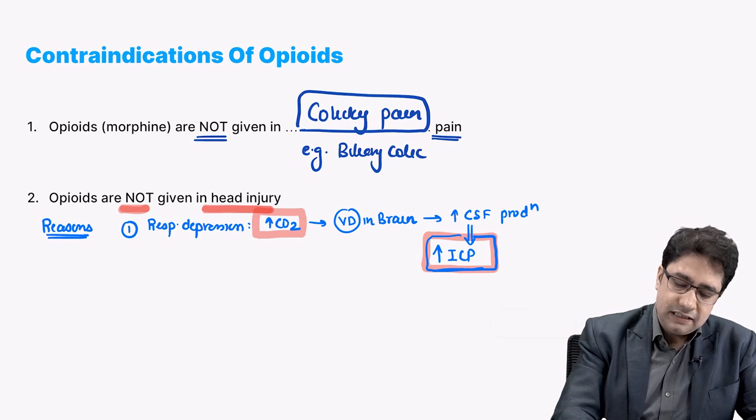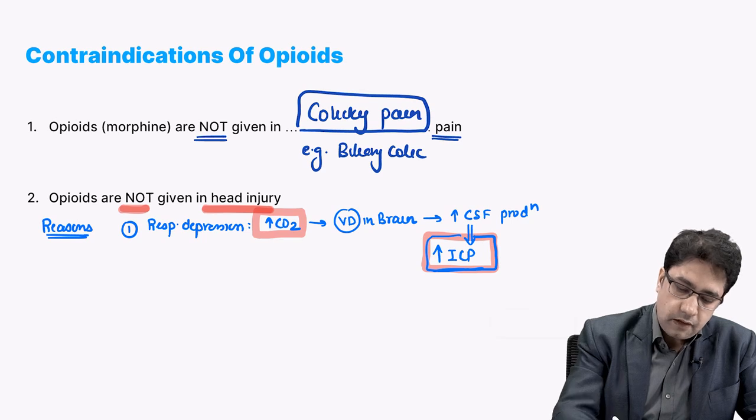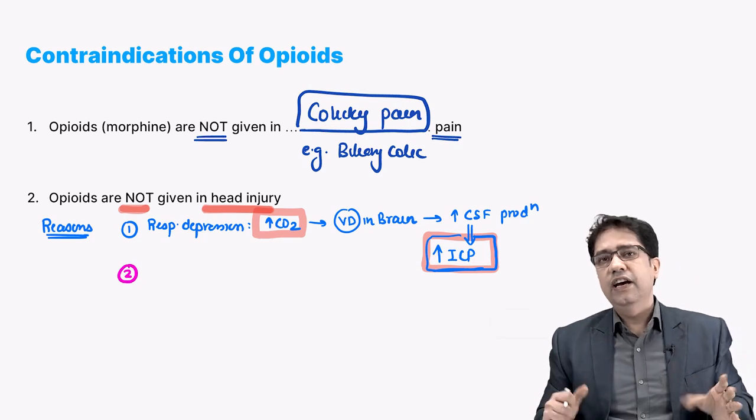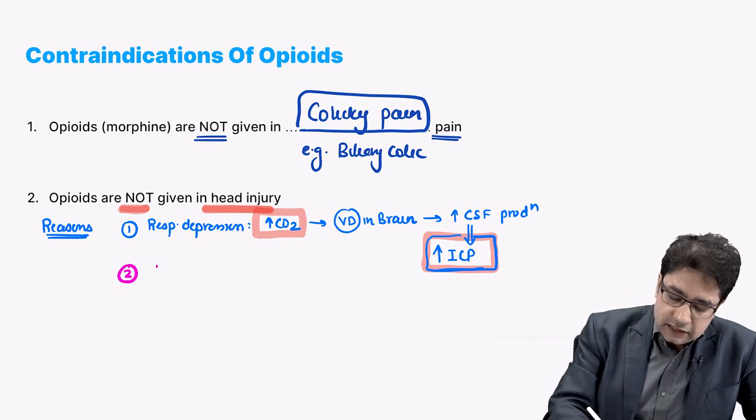Another reason we avoid giving opioids in a patient of head injury is that in head injury, we assess the severity by a scale known as the Glasgow Coma Scale.